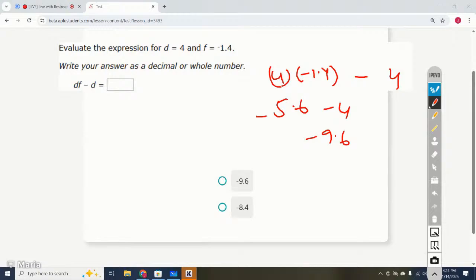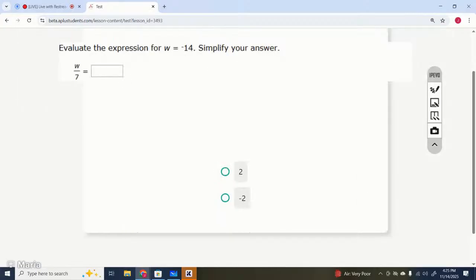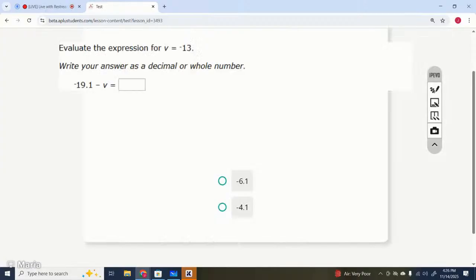Got it? That equals negative 2. Option number 2 is the correct option.